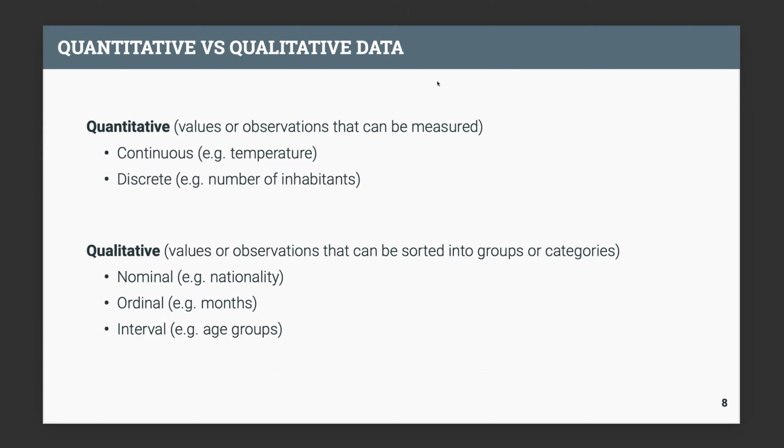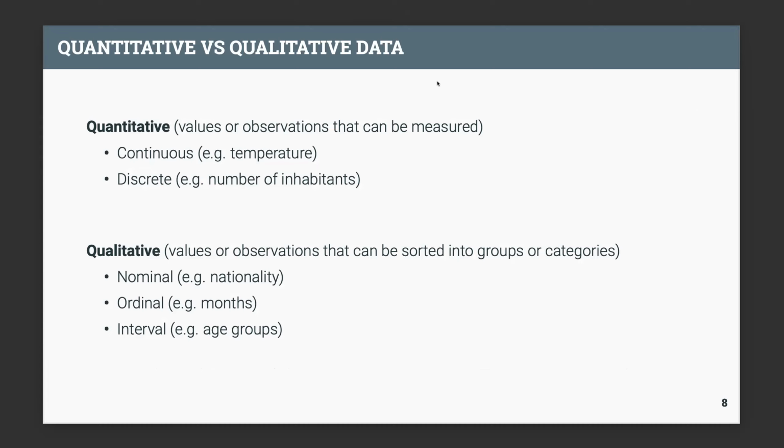And to do that, I won't go into big detail, but at least when you choose the kind of figure you want to do, you have to consider what kind of data you have. Traditionally, you distinguish between quantitative data and qualitative data, because they will be mapped to different types of plot. I put some examples, like temperature for continuous data, or number of inhabitants for discrete.